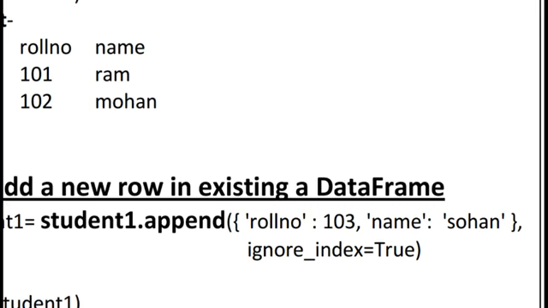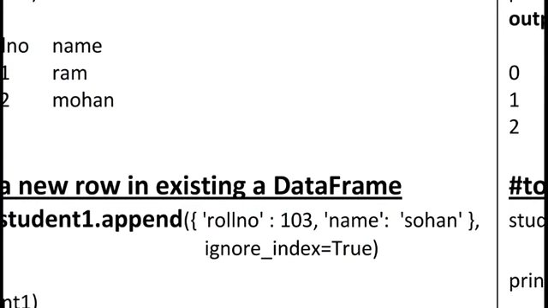And comma, here I am using new thing, ignore_index is equal to True. This is important. You always use these things, otherwise we will see different result. Means we can see a new index value starting from 0 for this 103 and so on, so it will create problem.